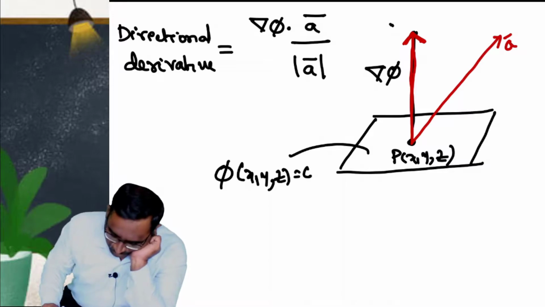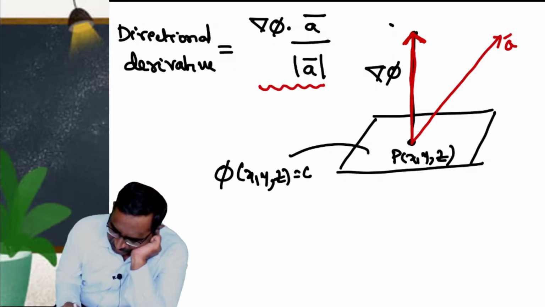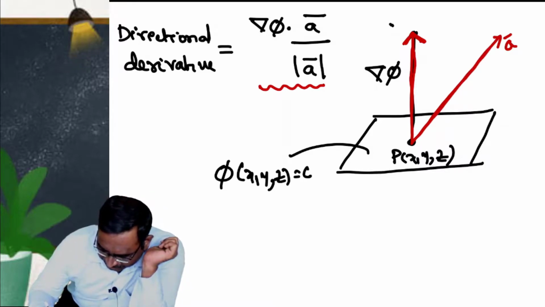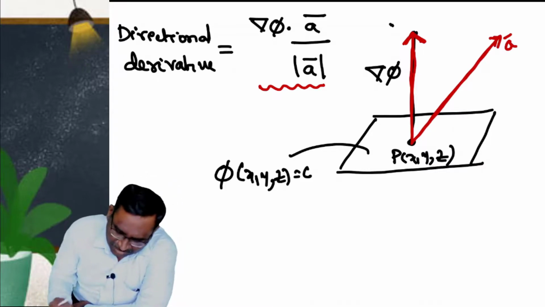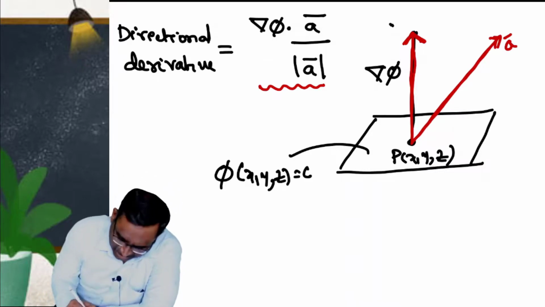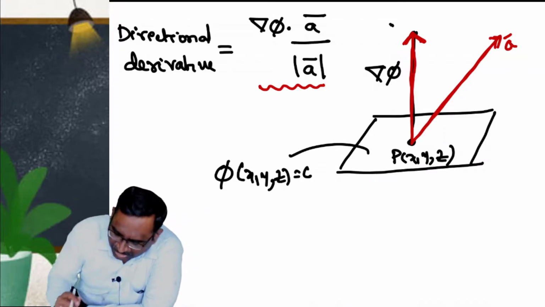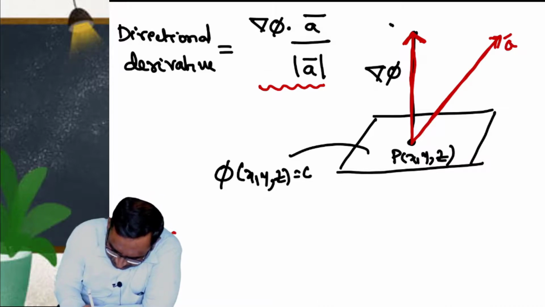Now, by this definition, I want the directional derivative in this direction. How are you going to calculate it? The definition says: del phi dot A bar by modulus of A bar.